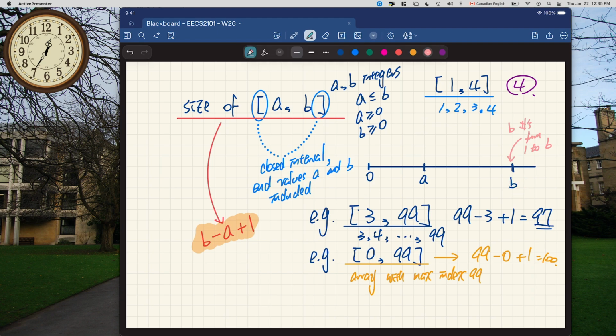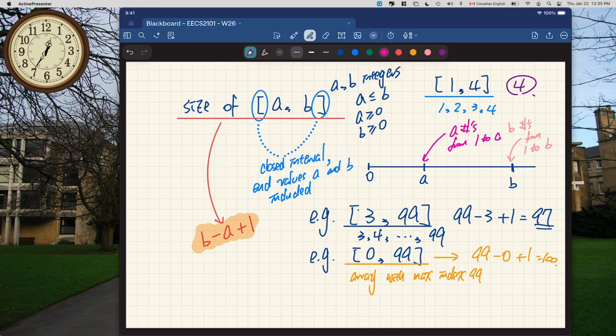Similarly, if I look at the other end, A here, that means I got A numbers from 1 to A. So now my goal is I want to see how many numbers are there from A to B, including A, right?